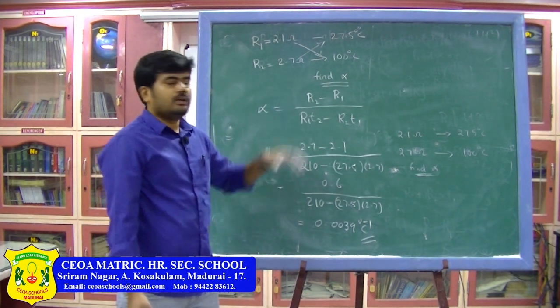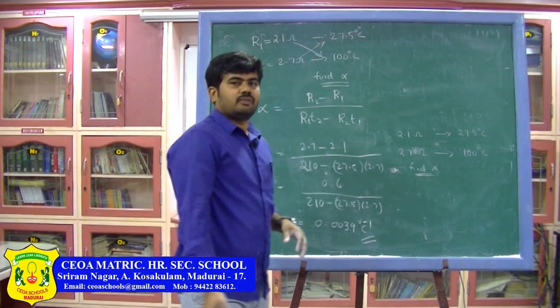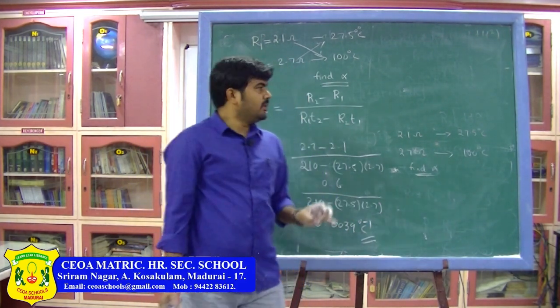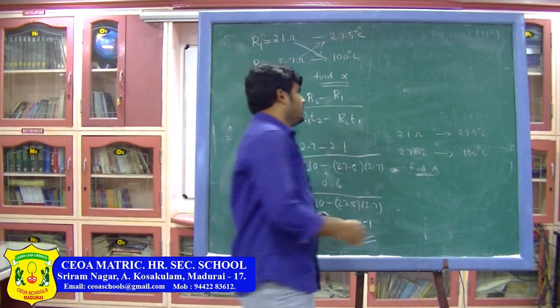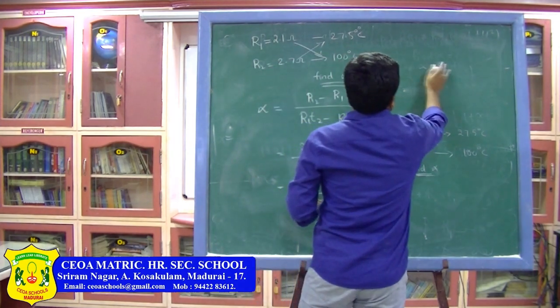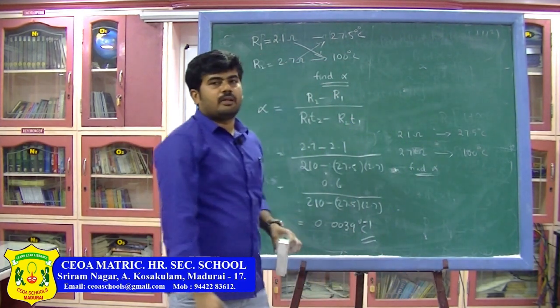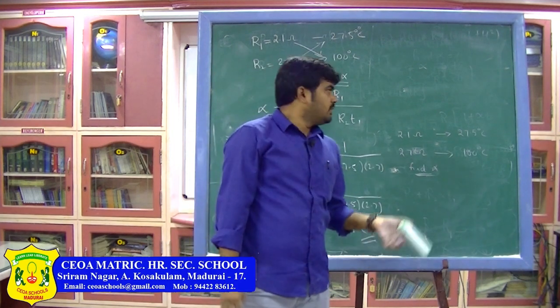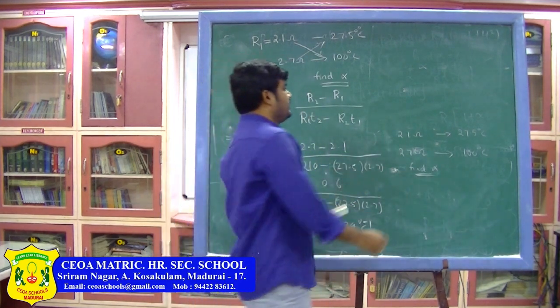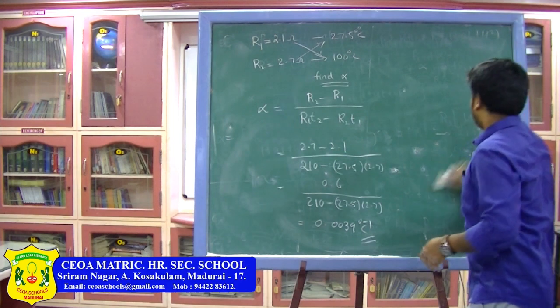So, this is the concept of temperature coefficient of resistance. So, remember, today we discussed the temperature coefficient of resistivity and temperature coefficient of resistance, the formulas for alpha in different cases. So, let me write the formulas for alpha.